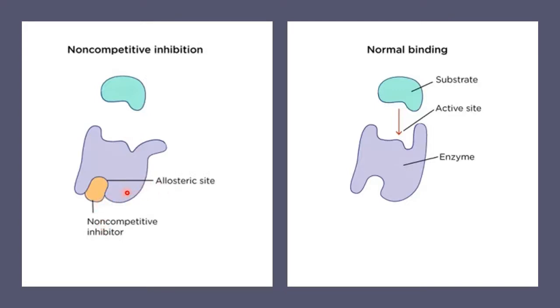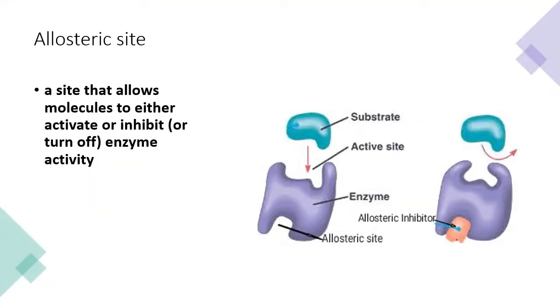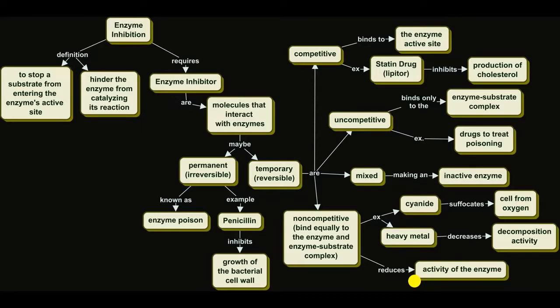And this changes the conformation of the enzyme active site. The allosteric site is a site that allows molecules to either activate or inhibit, turn off or turn on the enzyme activity. The non-competitive enzyme inhibition only reduces the activity of the enzyme, similar to the mixed enzyme inhibition.